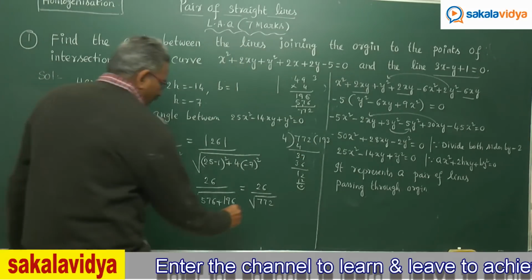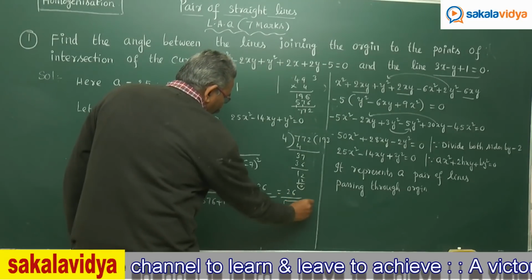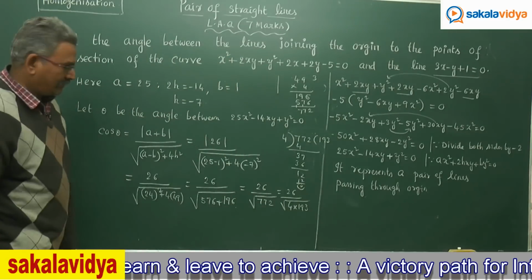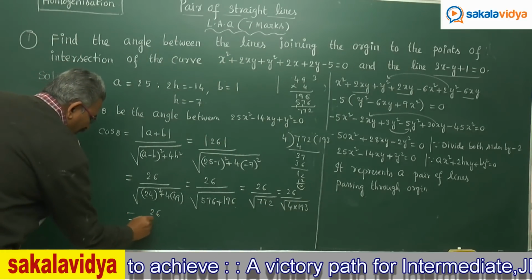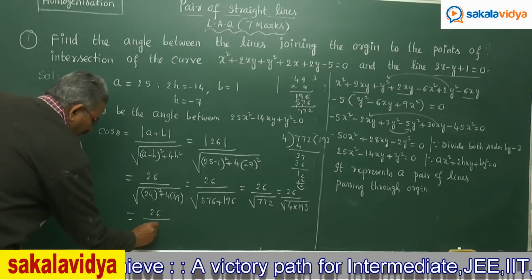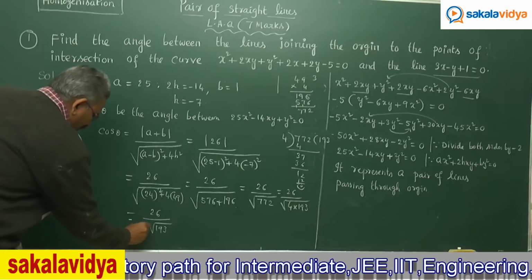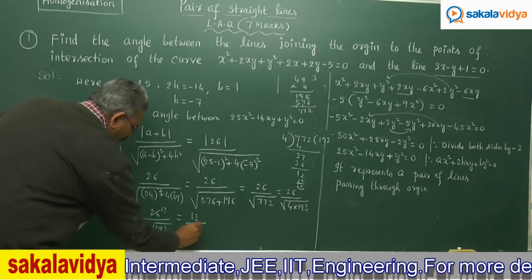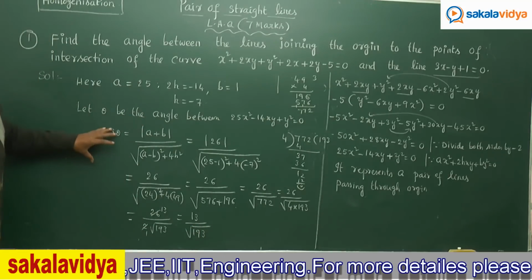So this we can write as 26 over root of 4 into 193. Correct? So this equals 26 by 2 root of 193. Dividing by 2, we get 13 by root of 193. So this is the value of cos theta.